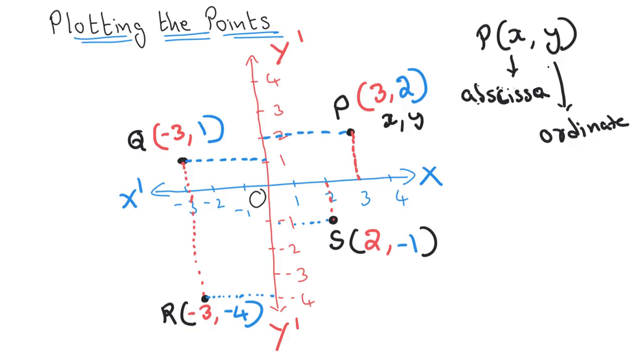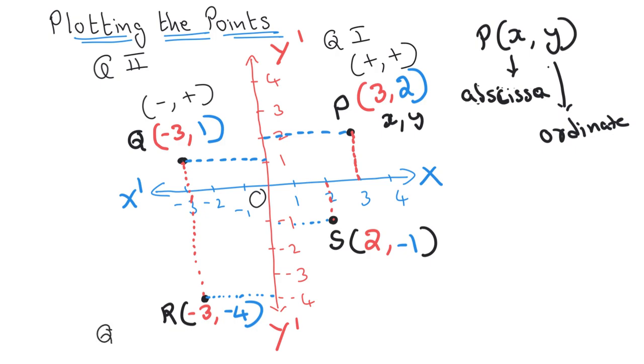Remember that this Cartesian plane, it has 4 quadrants, isn't it? This is quadrant 1. And if you observe in quadrant 1, any point in quadrant 1, the x coordinate is positive and the y coordinate is positive. Do you observe that? Okay. Any point in quadrant 2, the x coordinate is negative and the y coordinate is positive. Do you observe?